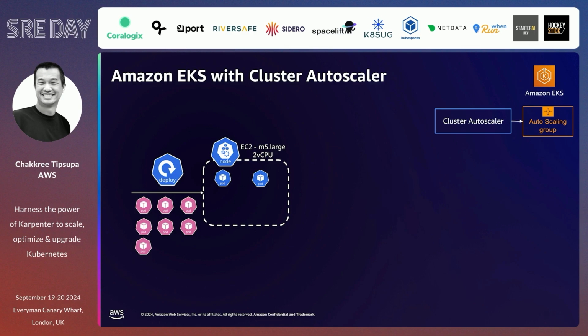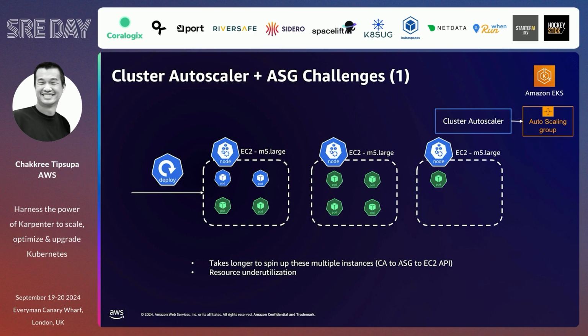When EKS needs additional capacity, it works with cluster autoscaler, and then with the autoscaling group, which works with the EC2 API. That is 3 steps. Here, cluster autoscaler can scale the number of nodes and schedule the pod successfully.